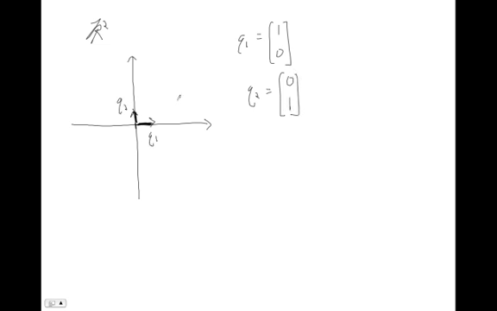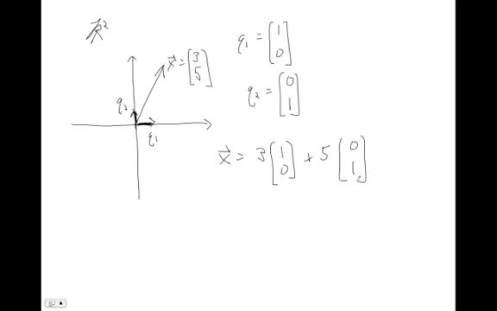So it's very easy in this case. If I have some arbitrary vector in this direction, it's very easy. Let's say this vector x here is equal to the vector 3, 5. Okay, x is nothing more than 3 times the vector 1, 0 plus 5 times the vector 0, 1.